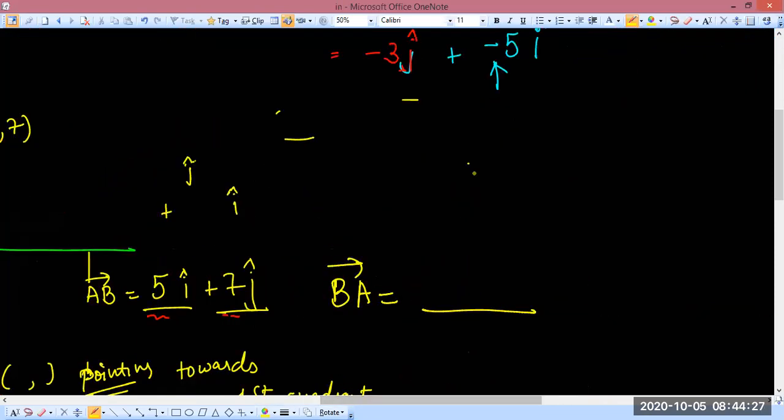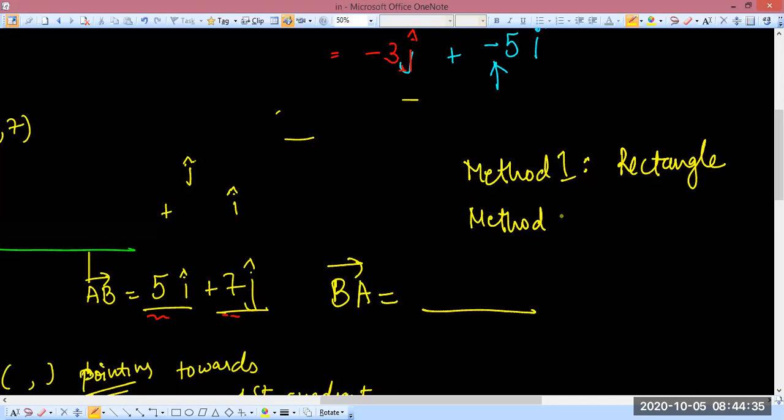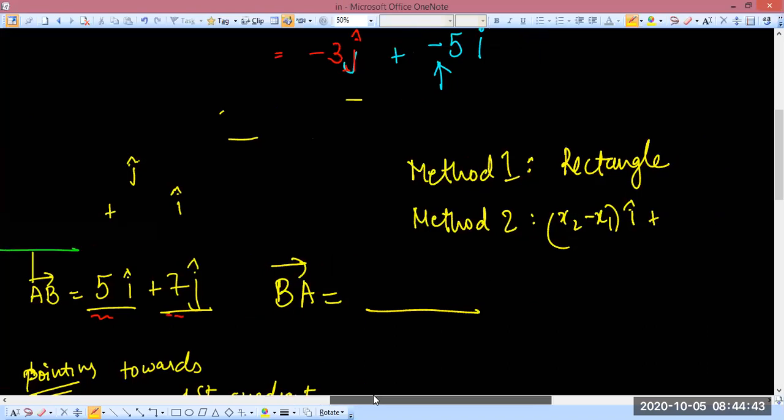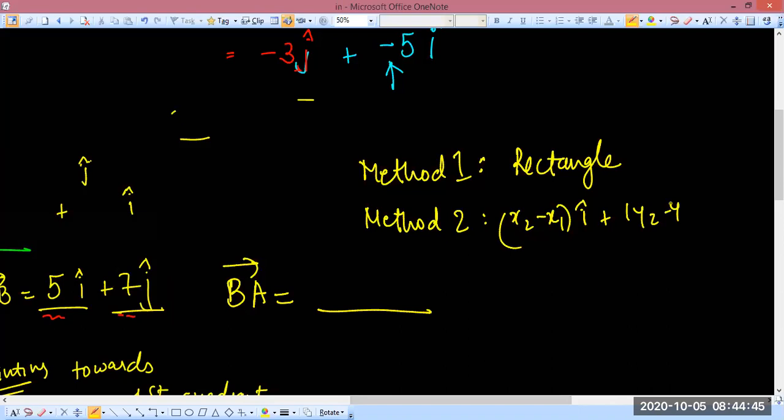Are you using method number 1 that I taught you, that is the rectangle method, or are you using the method that Raj suggested, x2 minus x1, like that? Come on, vote. Method 1 or method 2?